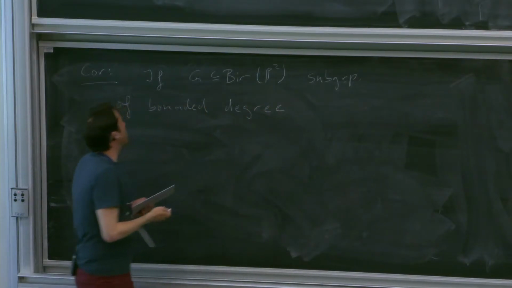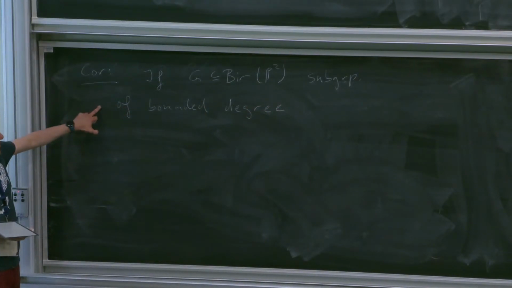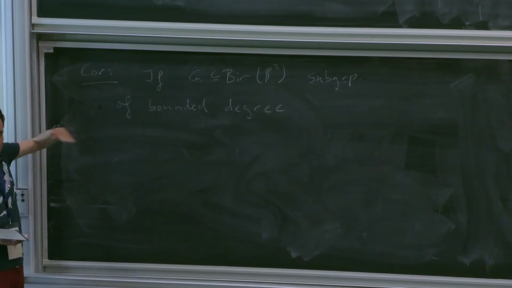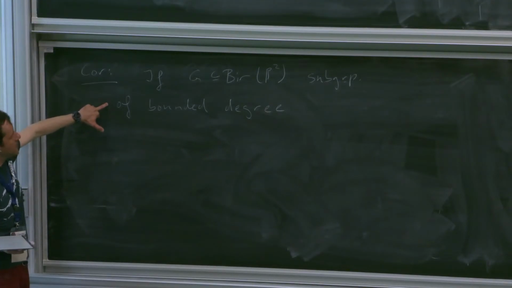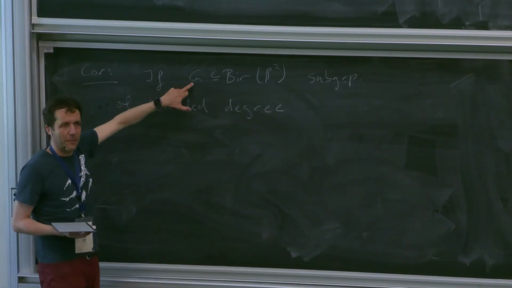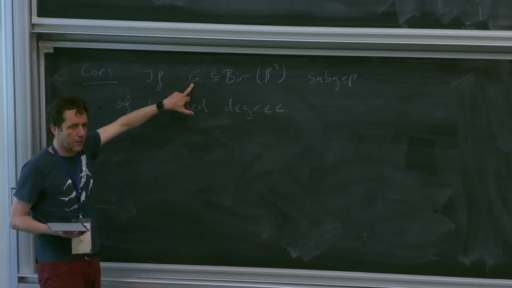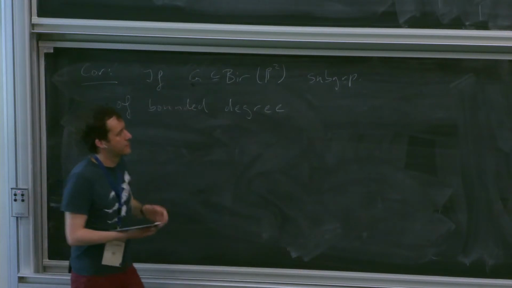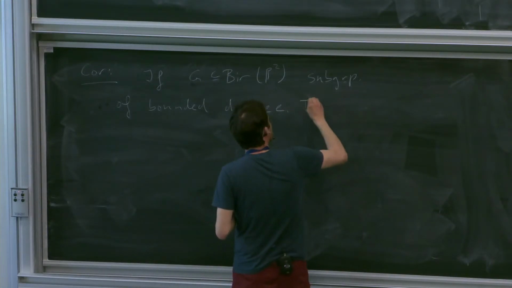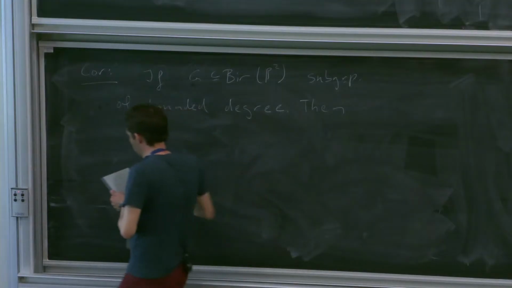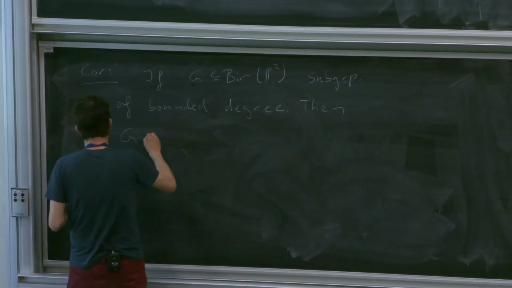You can show that if a group has bounded degree, then the number of base points is also bounded. If you have a fixed degree, you cannot have more than a certain number of base points. So if you have a subgroup of bounded degree, the number of base points is globally bounded for elements in G. So this means it is conjugate to a subgroup of automorphisms.